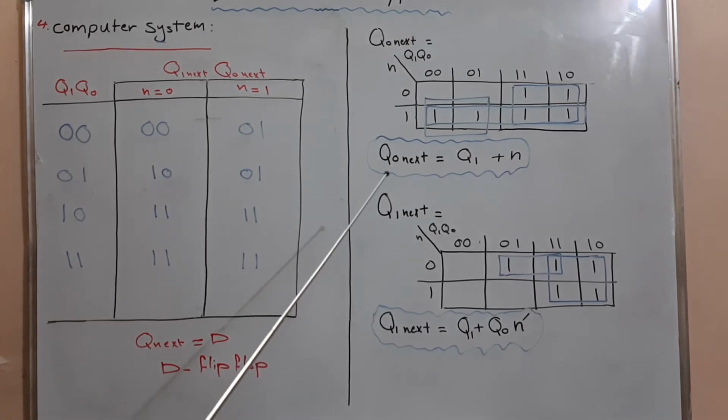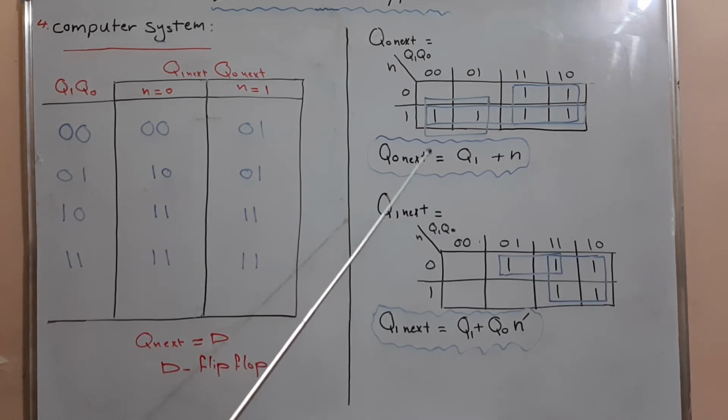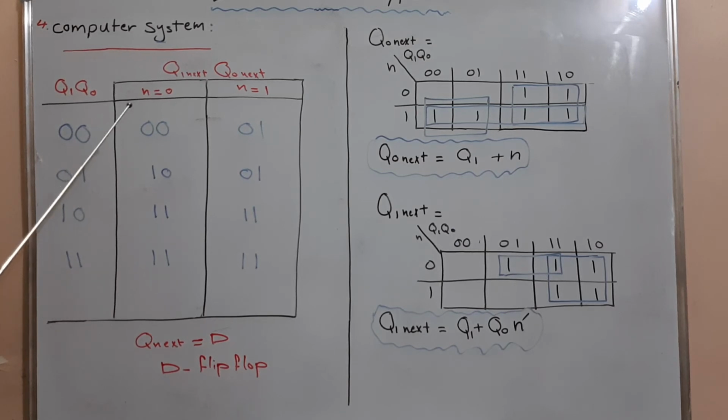So Q0 next is equal to Q1 or n. The value of Q1 next is equal to 1 whenever Q1 is equal to 1 or when Q1 is equal to 0, Q0 is equal to 1 and n is equal to 0. So Q1 next is equal to Q1 or Q0 and n bar.